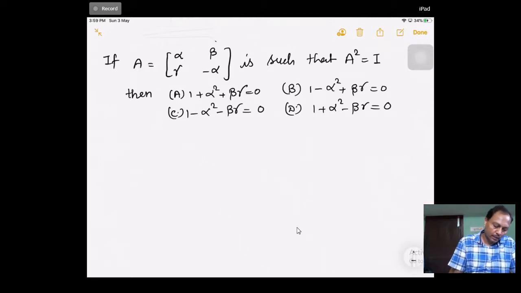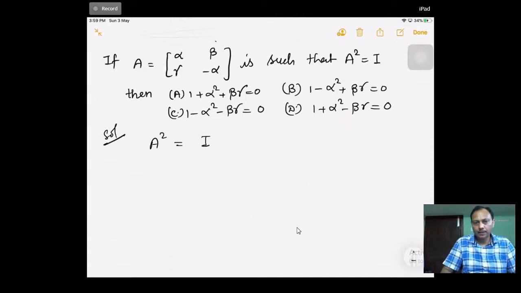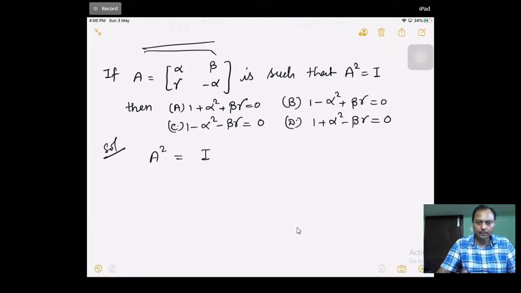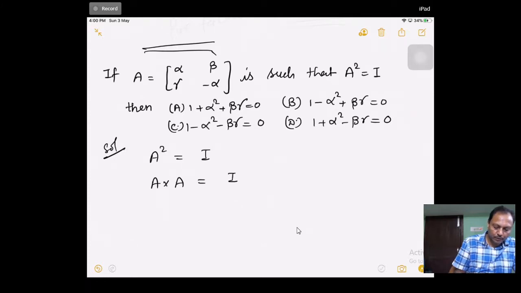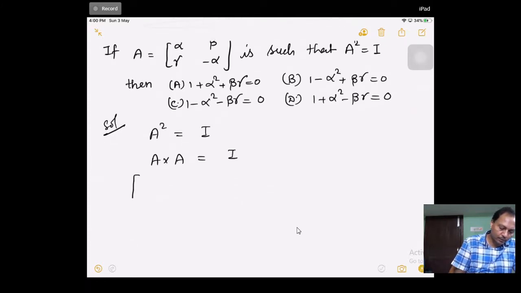So, in this question it is given that A square equal to I. I have already told you that I means the identity matrix, and identity matrix means whose diagonal elements are 1, 1 and all other elements are 0. And A square means A into A. So, placing the values, matrix A is alpha, beta, gamma, minus alpha.